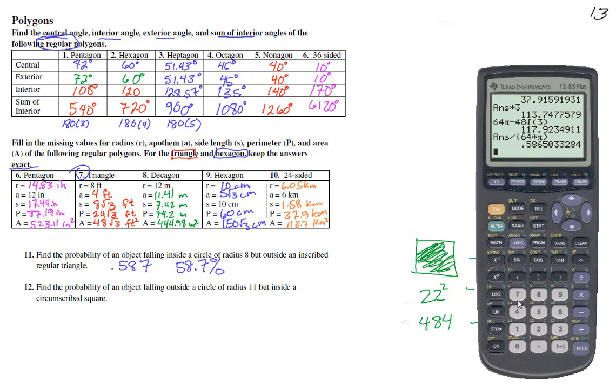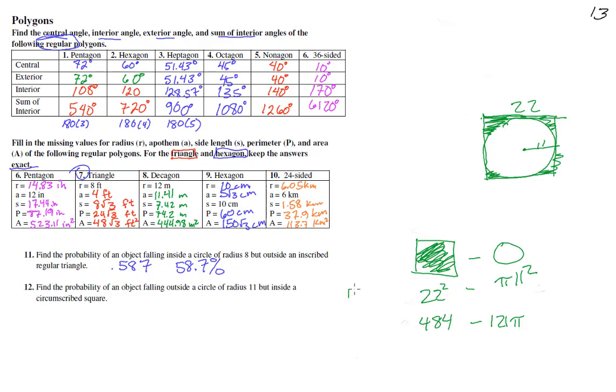So let's punch that in. 484 minus 121 pi, and the area that we're interested in is 103.87. That is the area right out here that is not inside the circle.